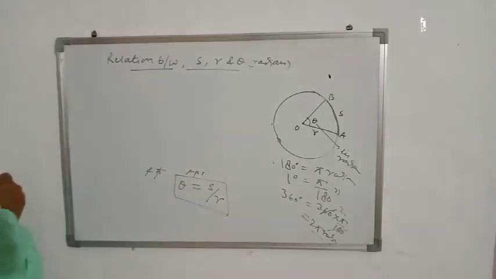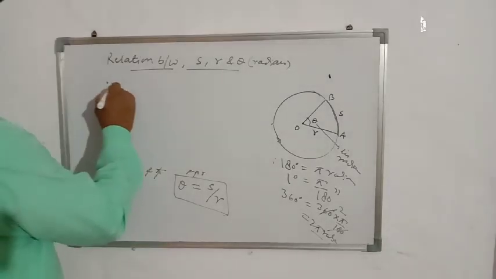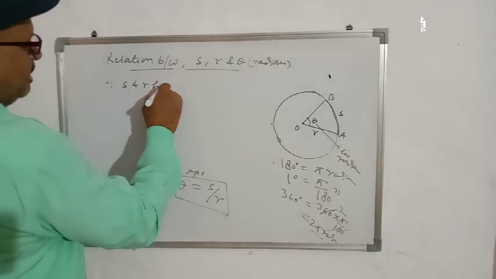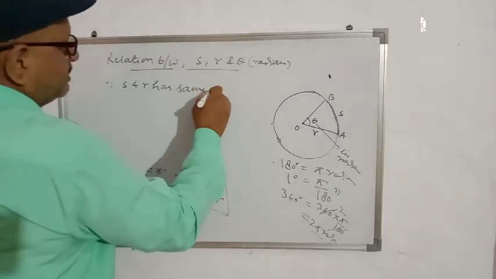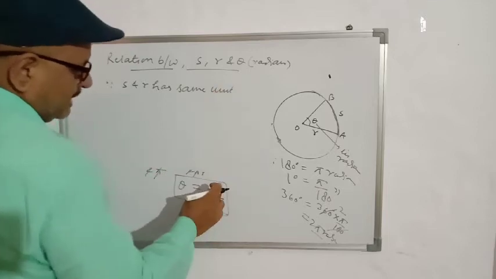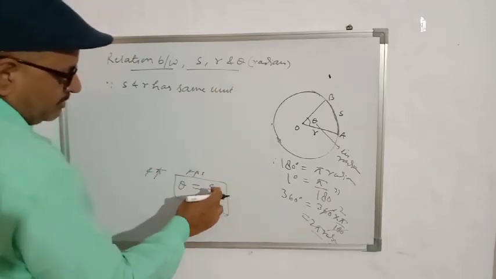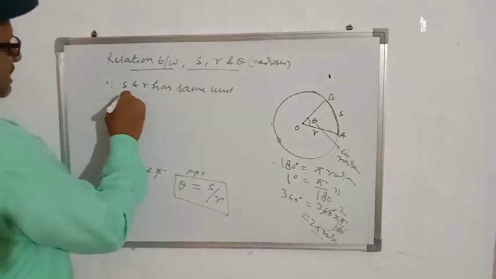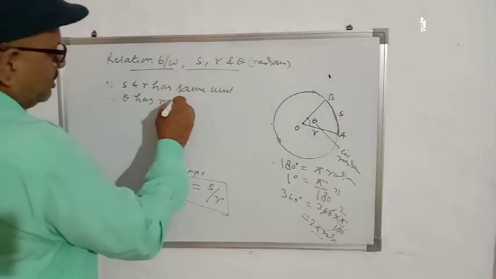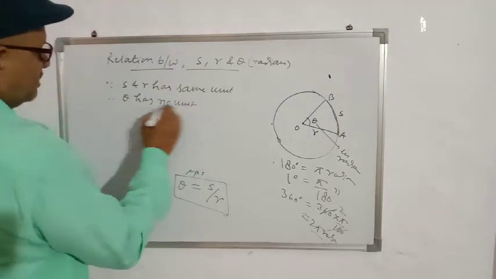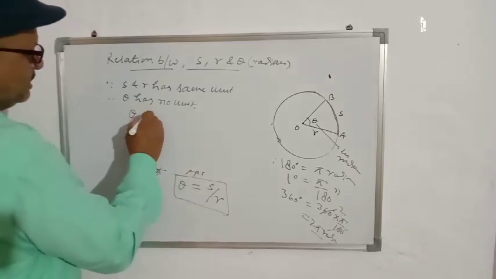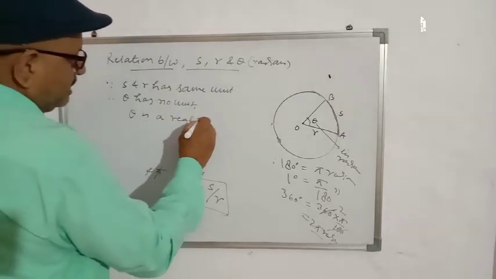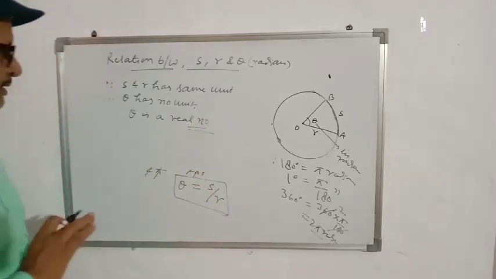Since S and r have the same unit, we can cancel centimeter. So therefore theta has no unit. So what is theta? Theta is a real number, any number.